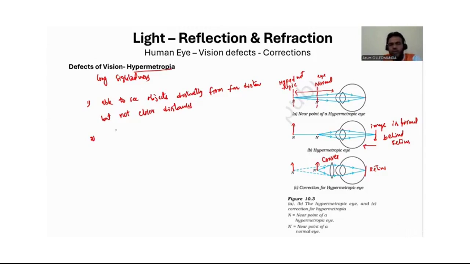Where does the image form? The image forms behind the retina. That's why the brain cannot visualize those. So how to correct that? It can be corrected using a convex lens.